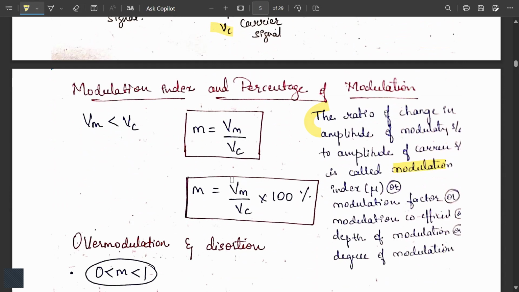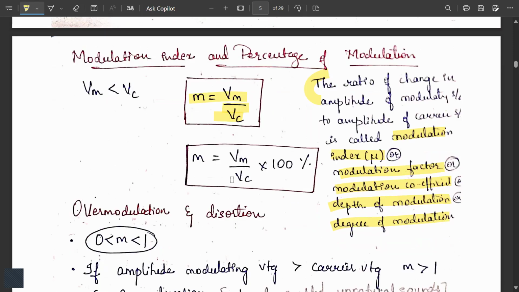You can say modulation index, or modulation factor, or modulation coefficient, or the depth of modulation or the degree of modulation. They can ask you in any format. It is all the same, the modulation index, represented by small m, that is Vm by Vc. For the percentage of modulation, you just multiply it by 100.